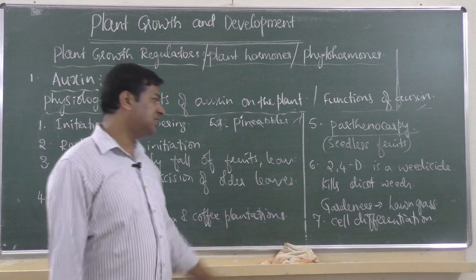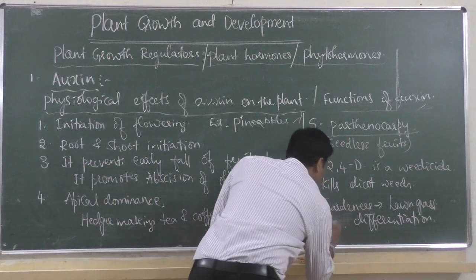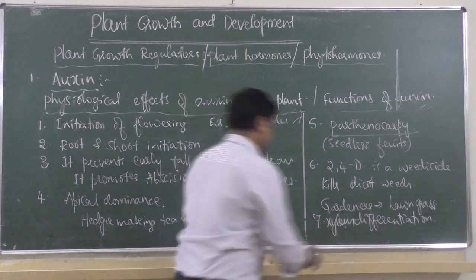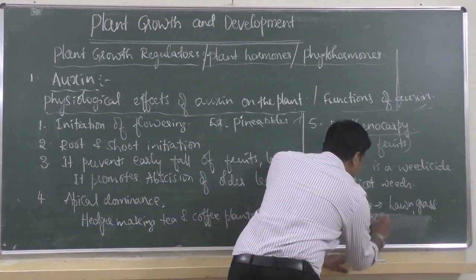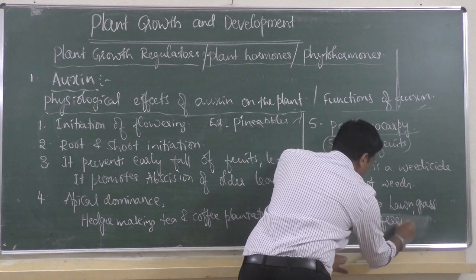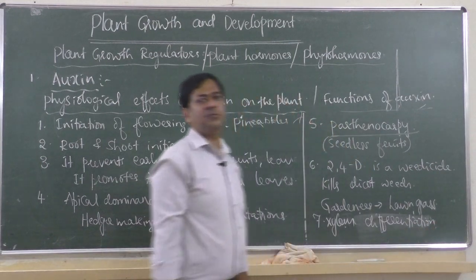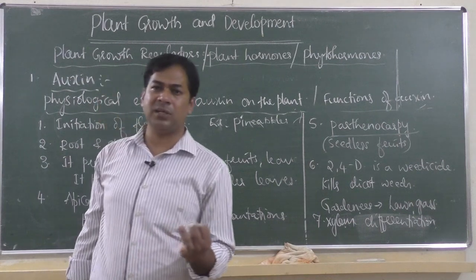So xylem differentiation, not cell differentiation, it is helpful for differentiation of xylem. Xylem has 4 different types of cells, already we have learned this. What are the 4 different types of xylem cells? Xylem fibers, xylem vessels, xylem parenchyma, xylem tracheids.